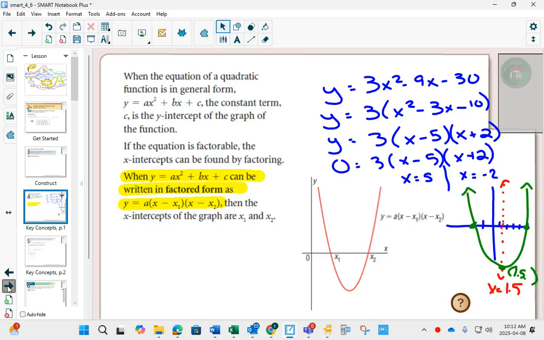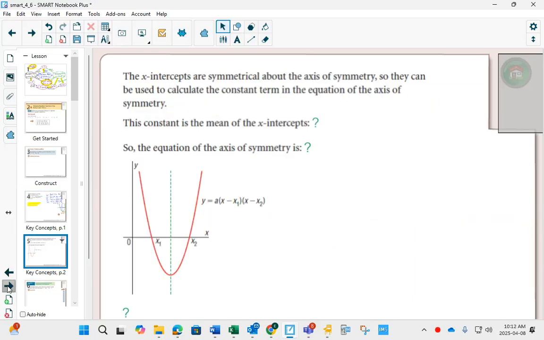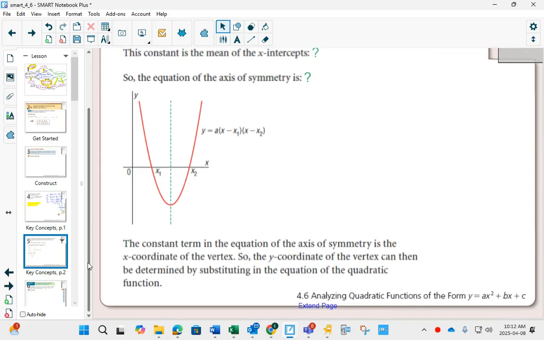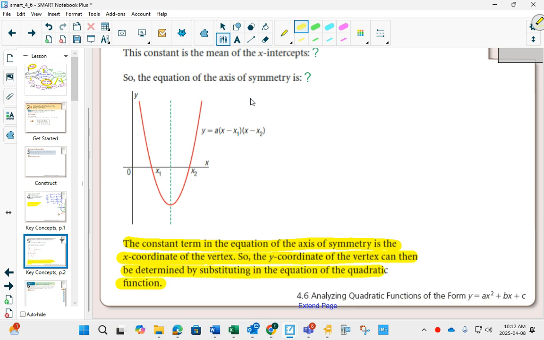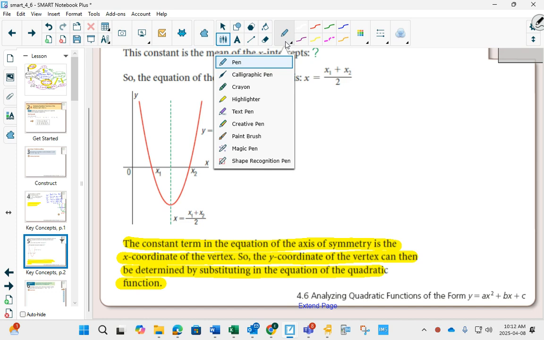Right, so they talk about this with the axis of symmetry here. And maybe this is at the top of page 302. Might be worth highlighting. The constant term, highlight this too. We've done this before.